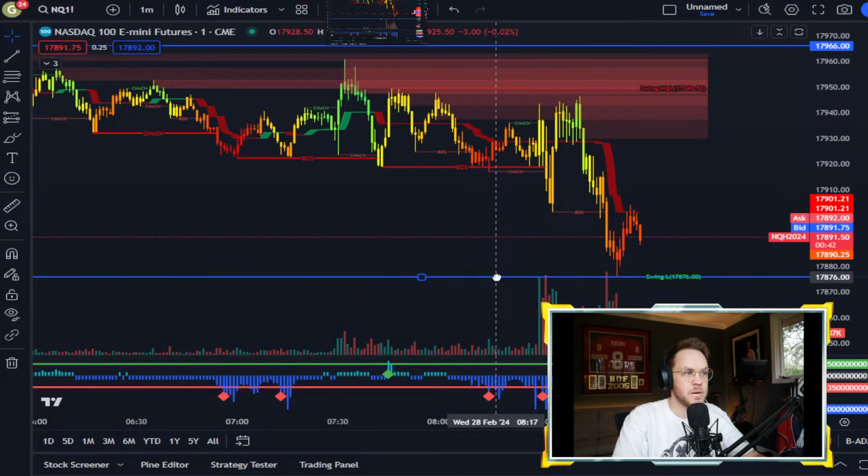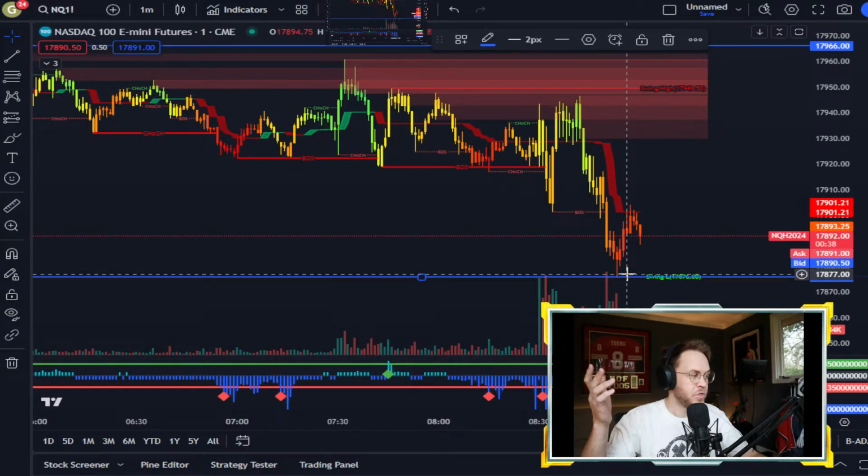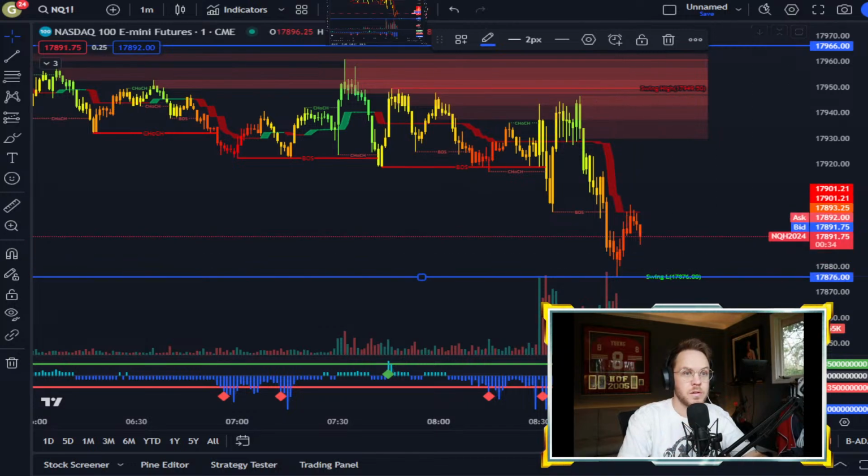So I'm going to move my line up here. This is the opening range. I want to mark the 30-minute opening range. Let me turn the music down in the background a little bit.